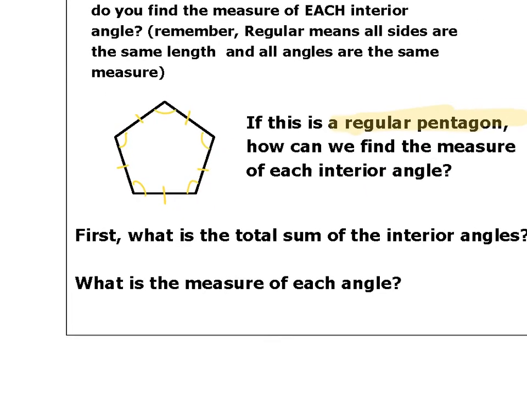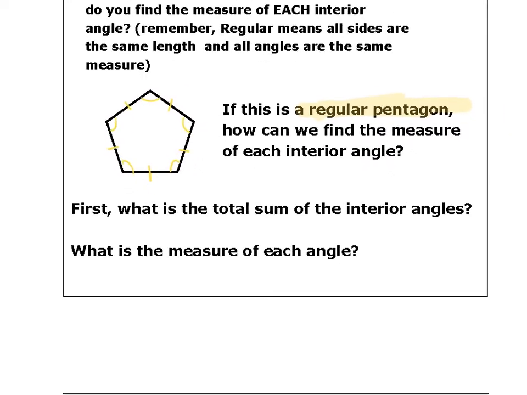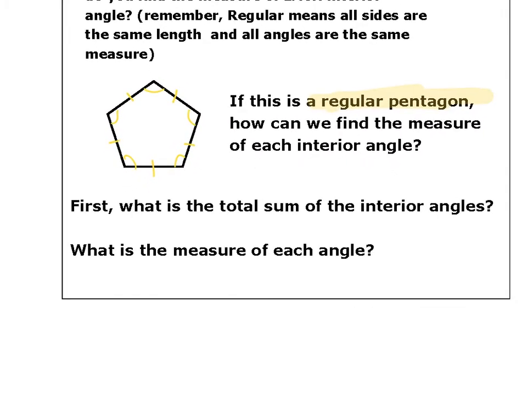What we can do is figure out what each of those angle measures are. Okay, so the first thing we have to figure out is the total sum of the interior angles. We know we have a pentagon, so we know that it has 5 sides, so we know the sum is going to be 180 times n minus 2.